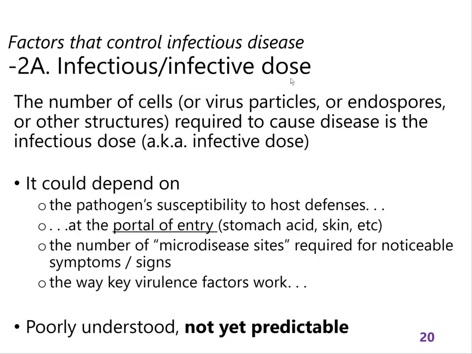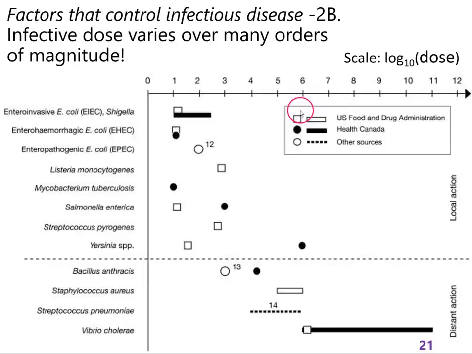That's crazy to me, but that's what we measure. Infective dose is something I talk about in class a lot, and I brought this up in Unit 2. But again, this is the minimum number of cells required to cause disease.